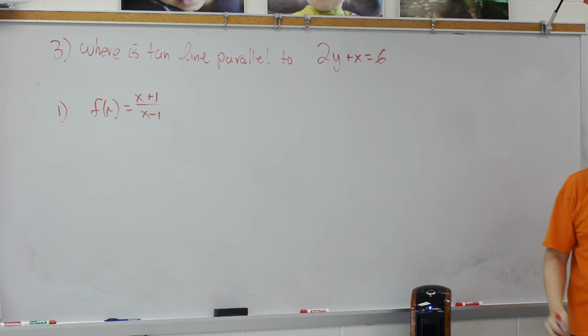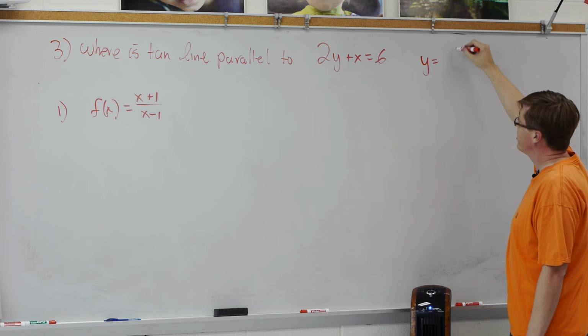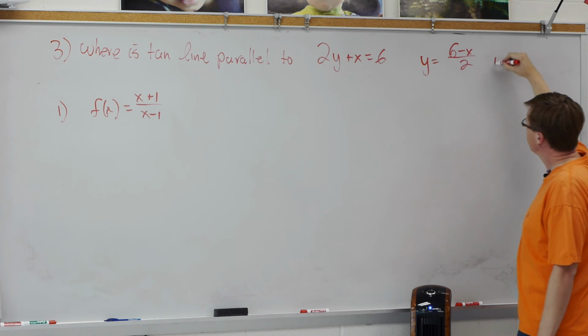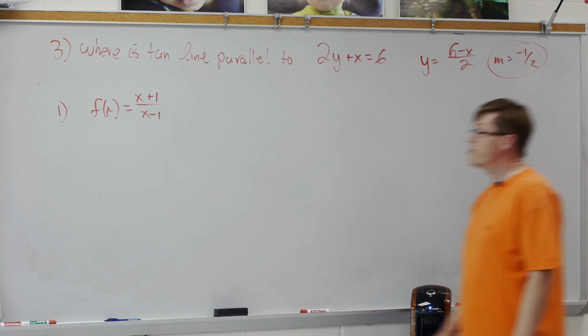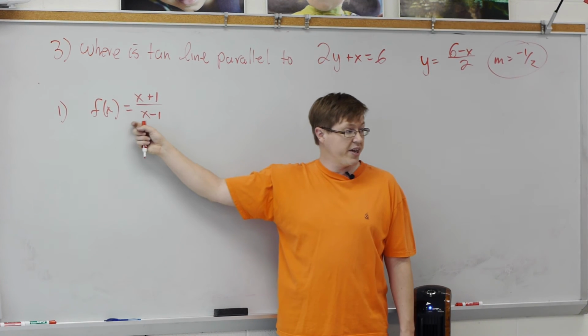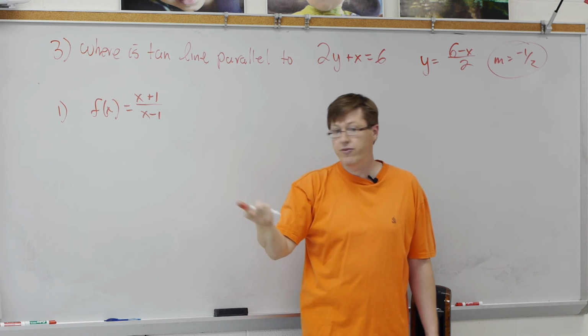Yes, -1/2. You can write it in standard form if you want, but the slope is -1/2. So I need to take the derivative of this thing, and instead of setting it equal to 0 like we just did, we'll set it equal to -1/2 and find that x value.